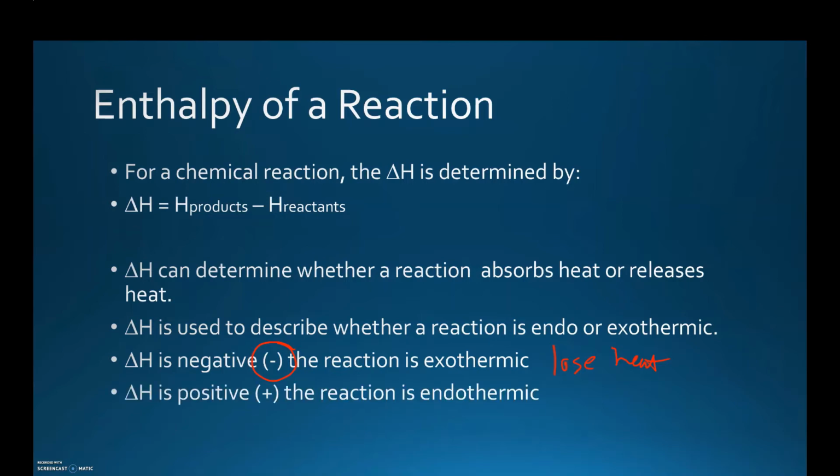If you go the opposite way, where delta H is positive, that represents an endothermic reaction, and you're going to see that it's going to gain heat. Now, as the system gains heat, the surroundings will lose it. So if you have a thermometer in the surroundings, what's going to happen? It's going to go down.